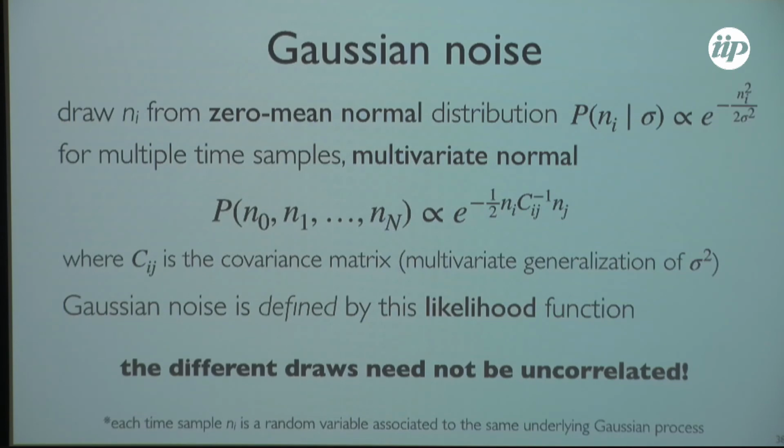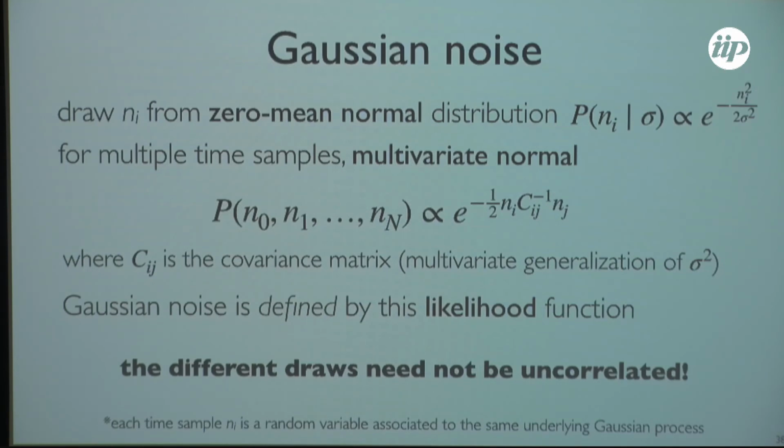The covariance matrix is just the multivariate generalization of the variance, right? The diagonal components are just the variance of each of the random variables. The off-diagonal components tell you how correlated the different variables are to each other. Is this totally foreign to any of you?